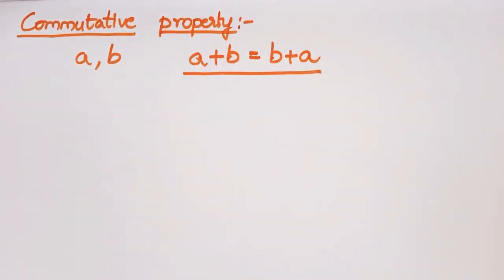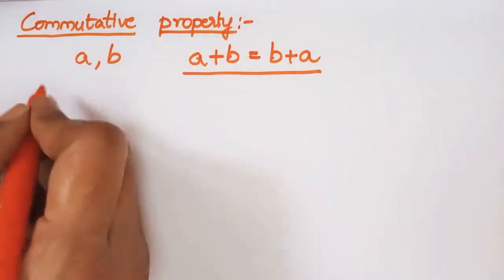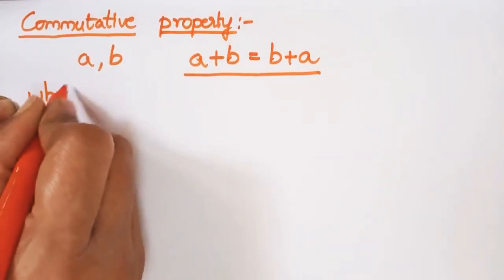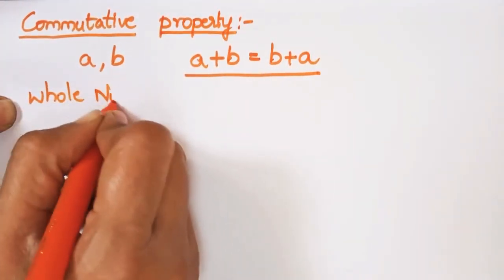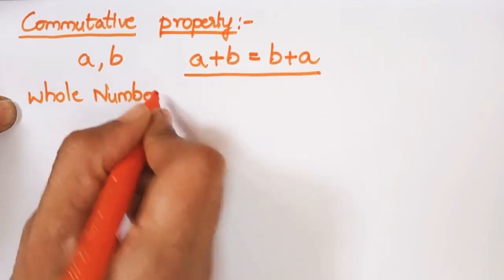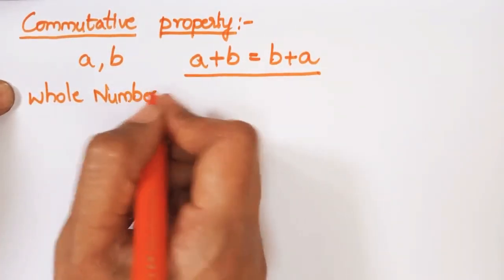If these two are equal, you say that addition is commutative. So as we have checked for our closure property, we will check this also. But let us start checking this property with whole numbers first, so that you will understand a little more.